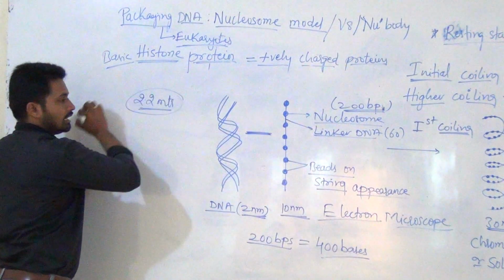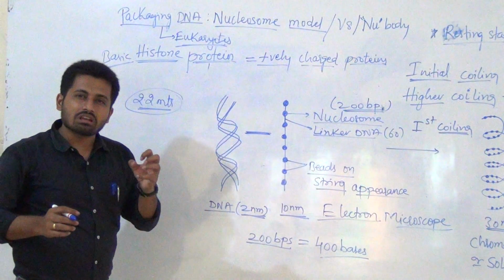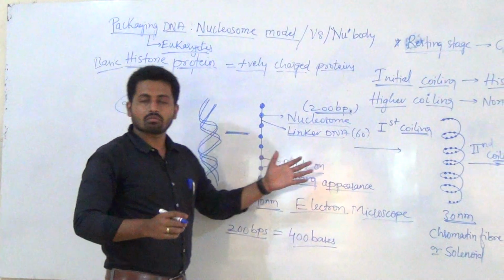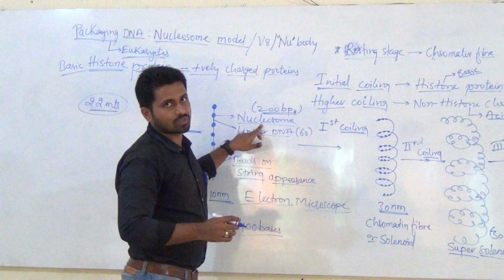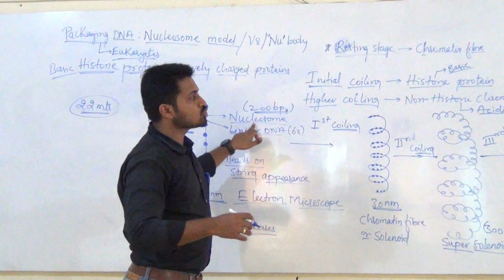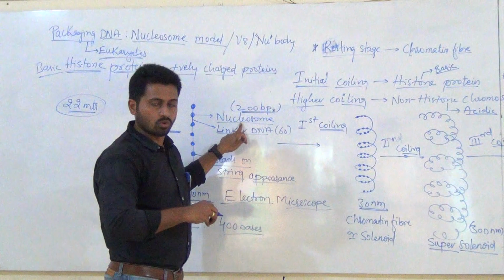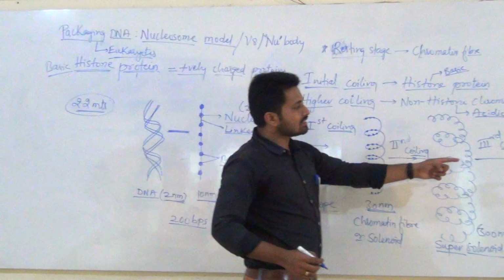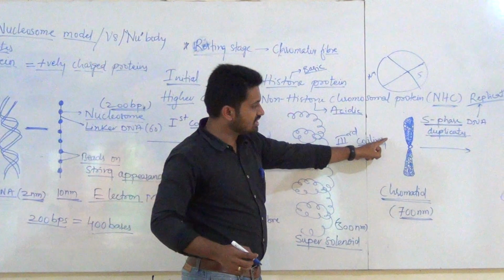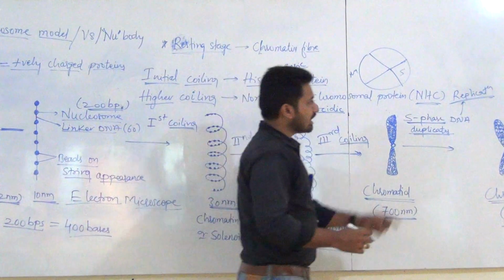Such long DNA is going to condense very thickly in the structure called nucleosome. What does a nucleosome contain? I already told you. Now after that, one word comes here, since there is a thickening like this. I will write here.